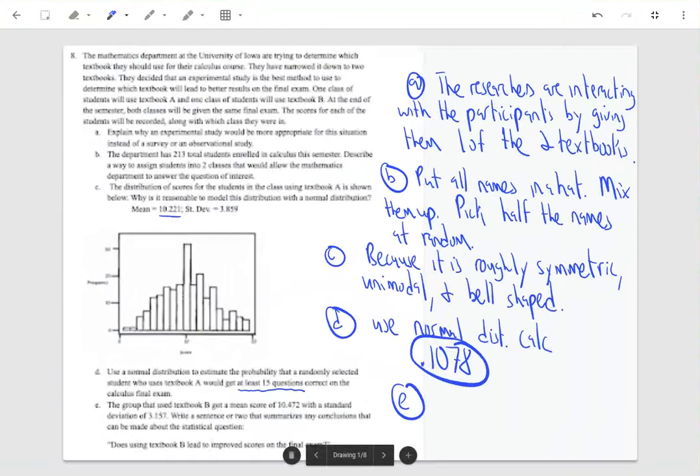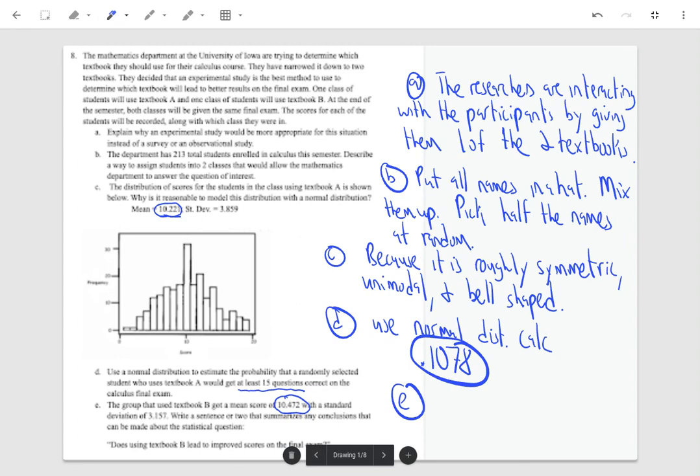So let's take a look at the average, okay? With textbook A, it was 10.221. With textbook B, it was 10.472. Is that a very large difference? No. So being that the difference is so small, is it likely that textbook B really made a difference?